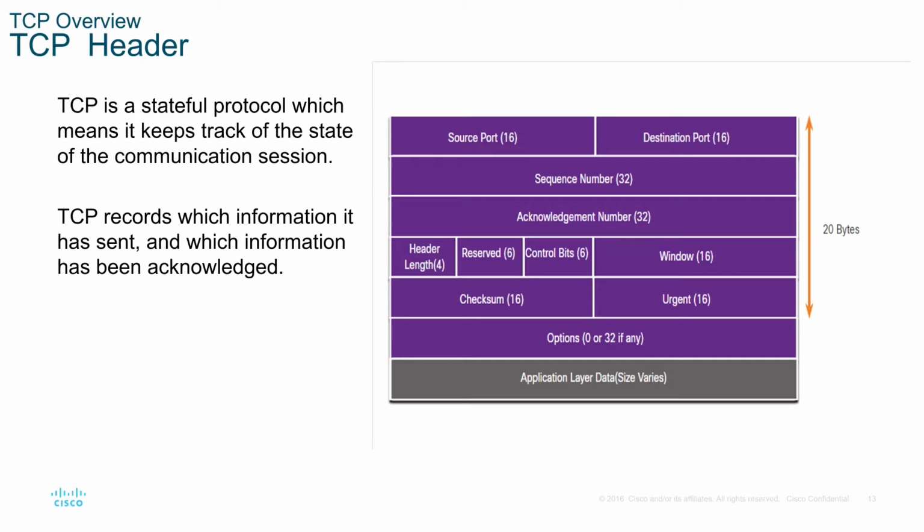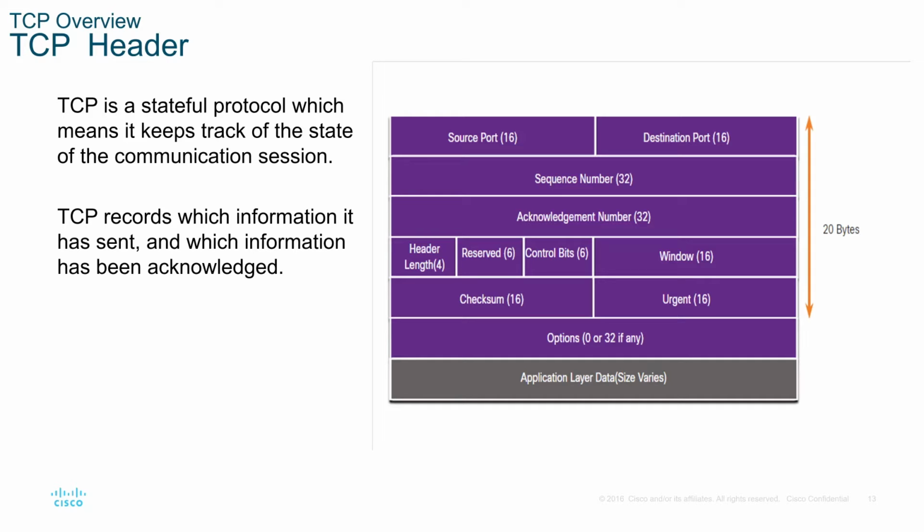In the TCP header, we can see it is a stateful protocol, which means it keeps track of the state of the communication session. TCP records which information it has sent and which information has been acknowledged.